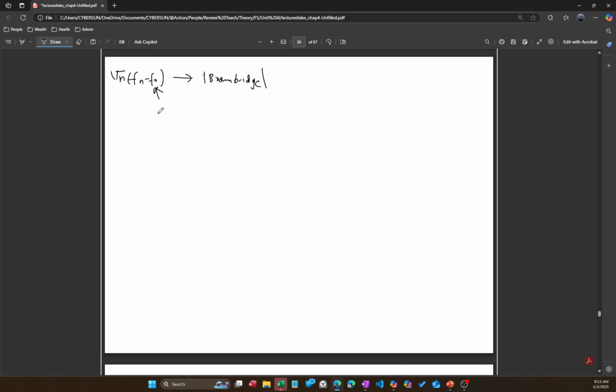The pivotal distribution Tn remains the same for any n and for any distribution F, for any distribution Fn equal to F naught.